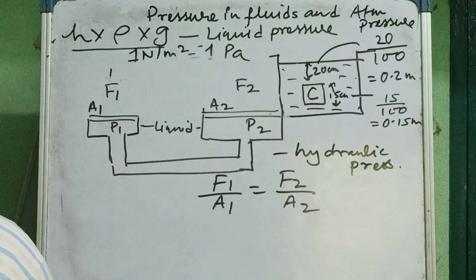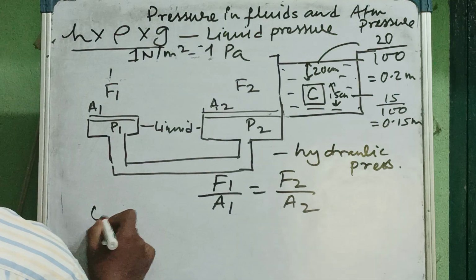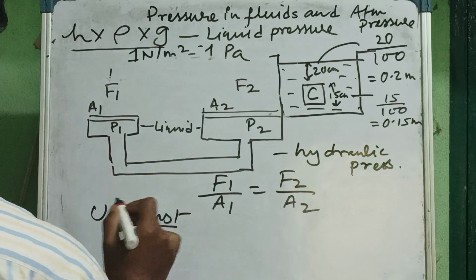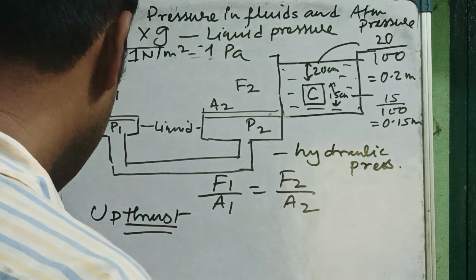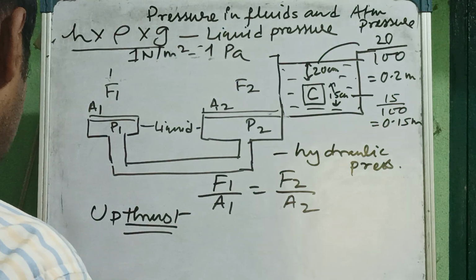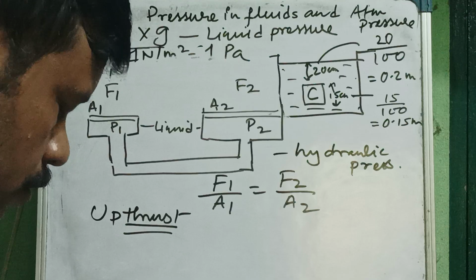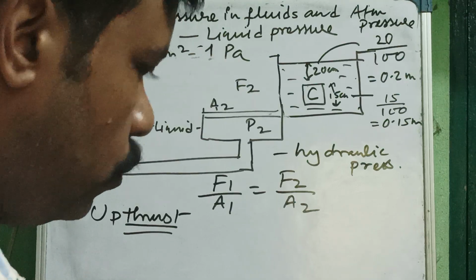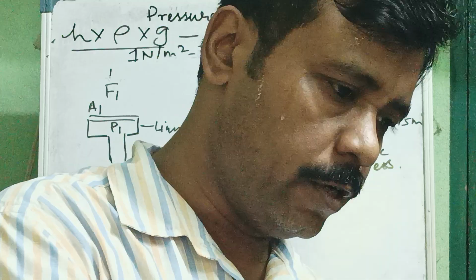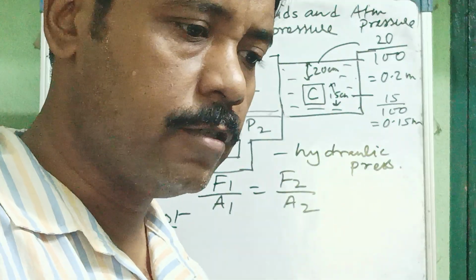Now Archimedes principle of upthrust. What is upthrust? Upthrust is the upward force exerted on a body when it is submerged in a liquid. You will notice that if we hold our hands in a tub containing water, then the water exerts pressure on your hands.